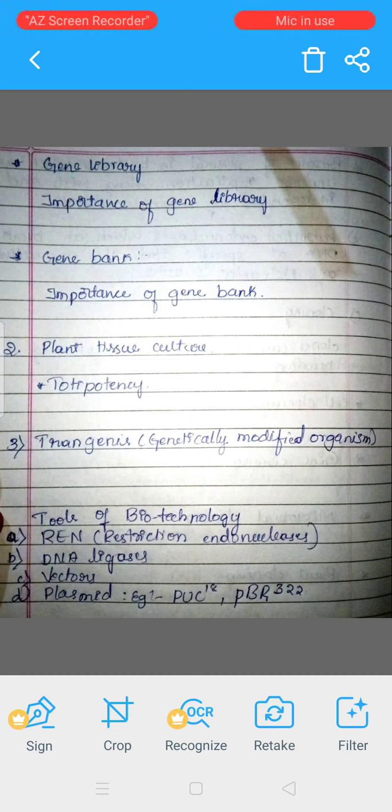Totipotency. The ability or capacity of the mature living cells, when free from the plant body, to develop into a new organism in controlled condition is known as totipotency.